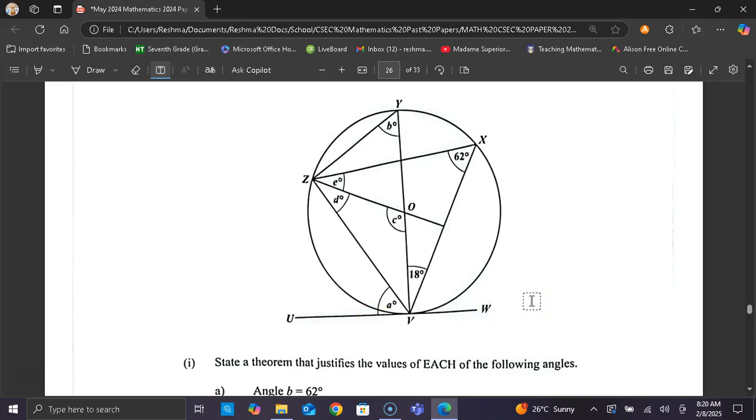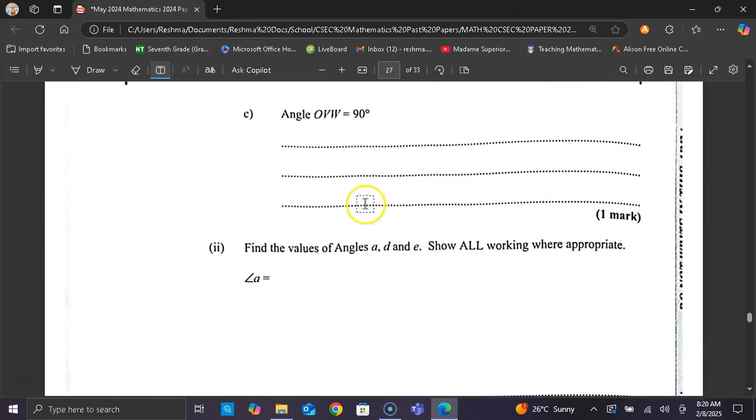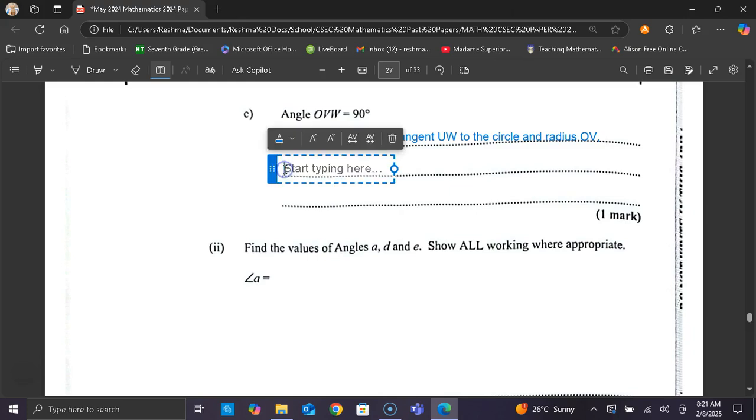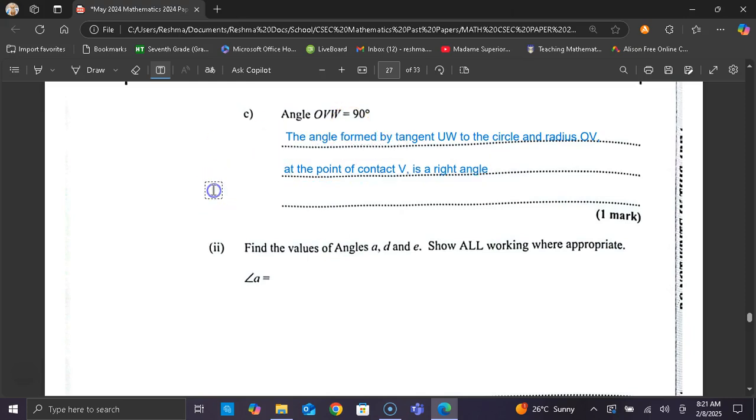Therefore, the angle formed by the tangent UW to the circle and radius OV at the point of contact V is a right angle.